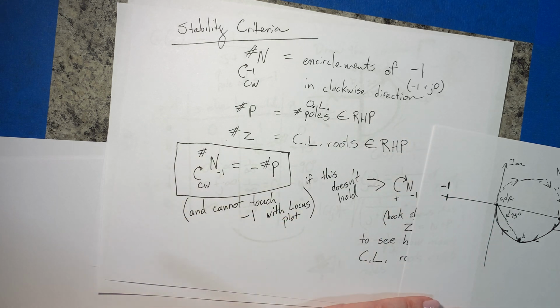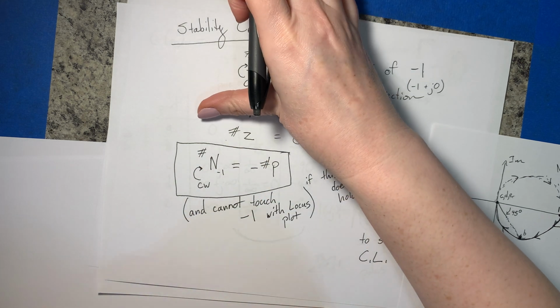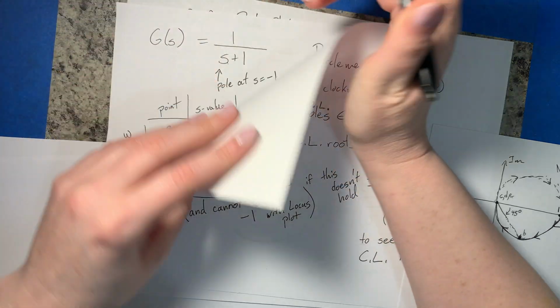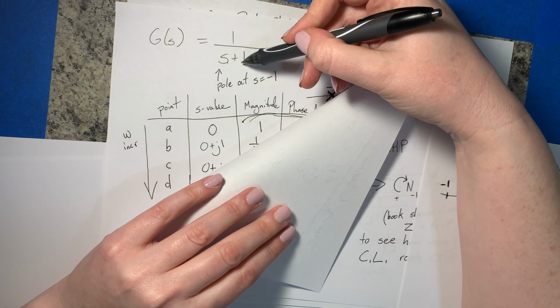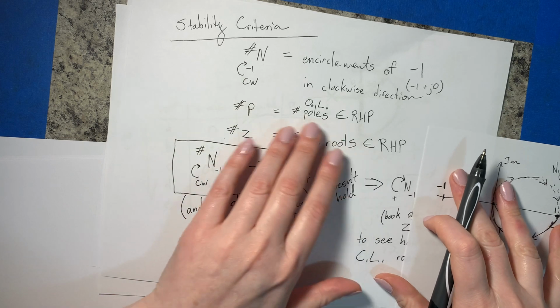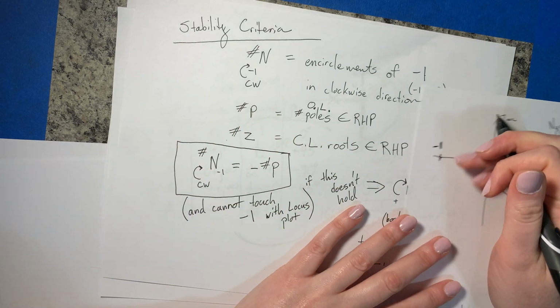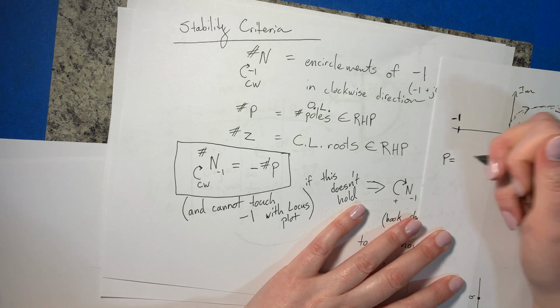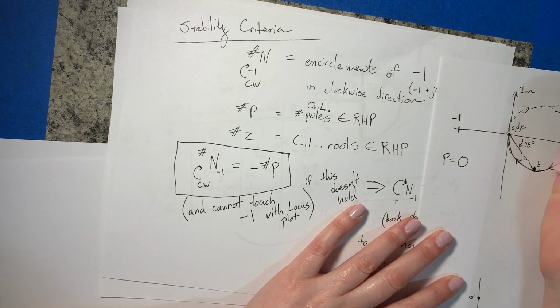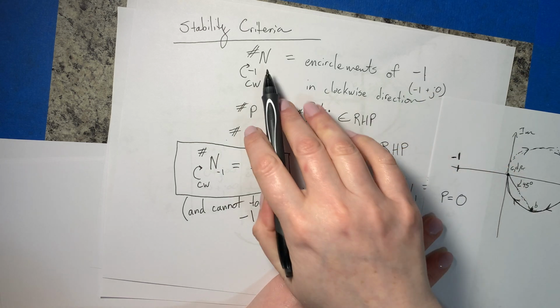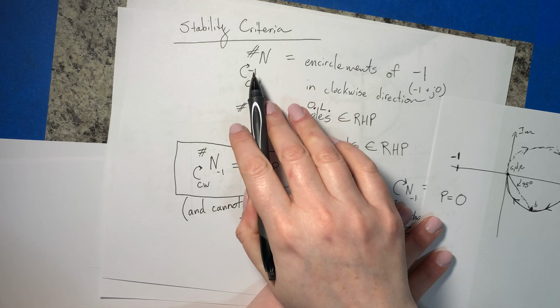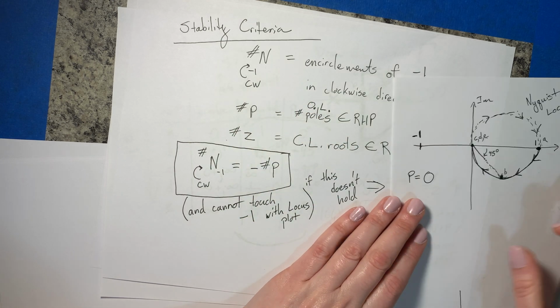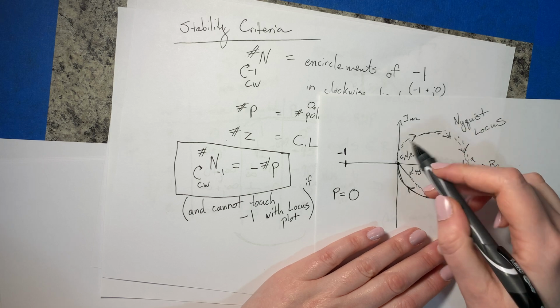In our case, we didn't have any for this. Our only pole for this example was at -1. So our p, and we can just fill this out as we go, our p is 0. We also can see that we actually don't have any encirclements of this -1 point for our specific Nyquist plot.